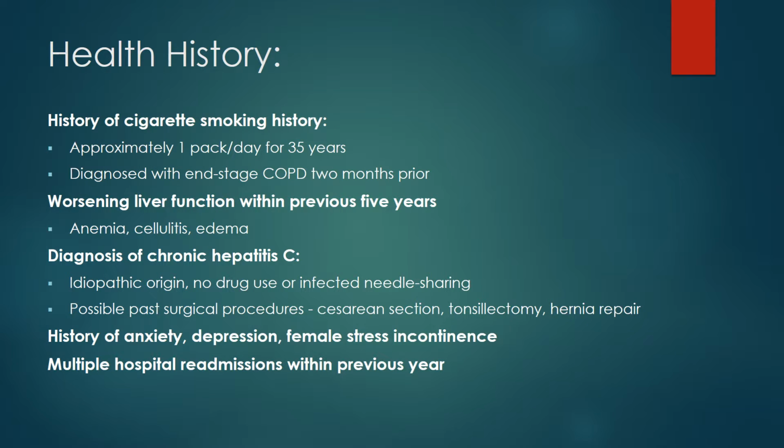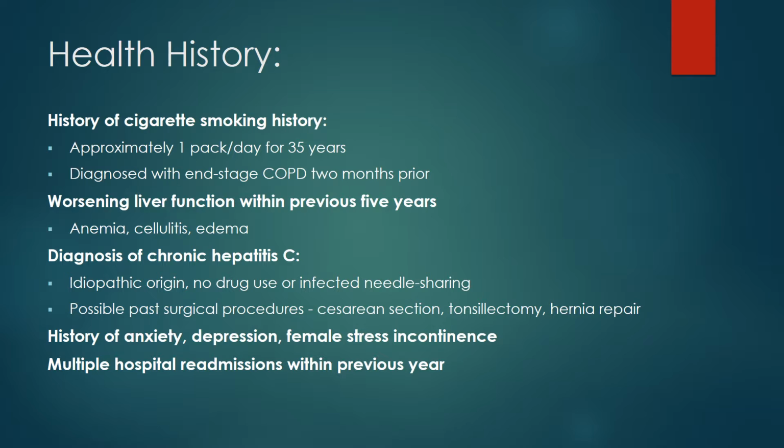Mrs. D herself does have a pretty extensive history of smoking. She smoked approximately 1 pack a day of cigarettes for 35 years. And then 2 months prior to admission, she was diagnosed with end-stage COPD. So she had known that she'd had COPD for a while, but end-stage COPD. And with end-stage COPD, there are 4 stages, 1, 2, 3, and 4, progressively worsening.